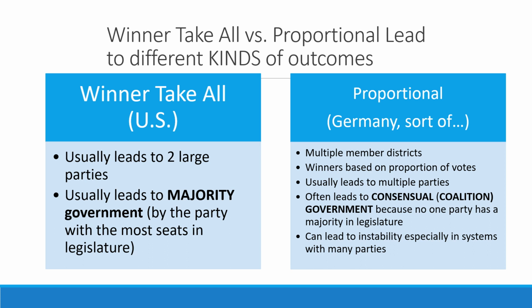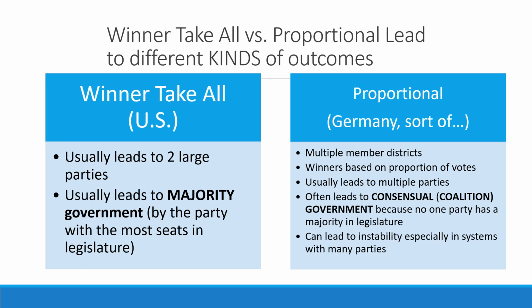So because of Duverger's law, we get different kinds of outcomes and government styles based on which system is chosen. In the winner-take-all system, like the US, again, it usually leads to two large parties, sometimes three. We rarely see more successful than that. And this is usually going to lead to what's called majority government, where nobody has to form a coalition to govern, because the party that has the most seats almost always has 50% of the seats or more.